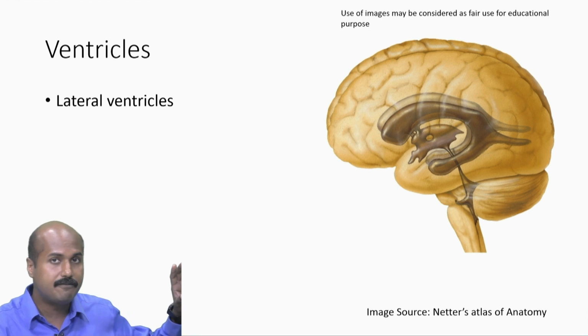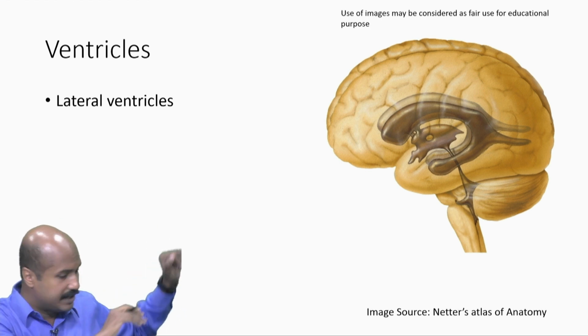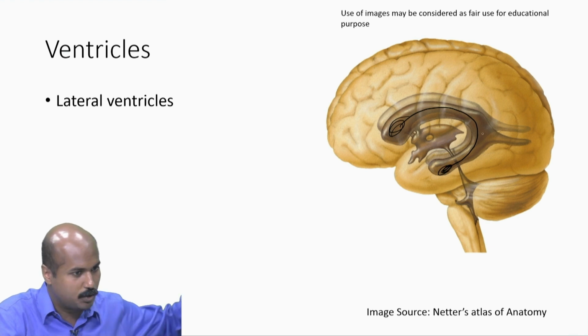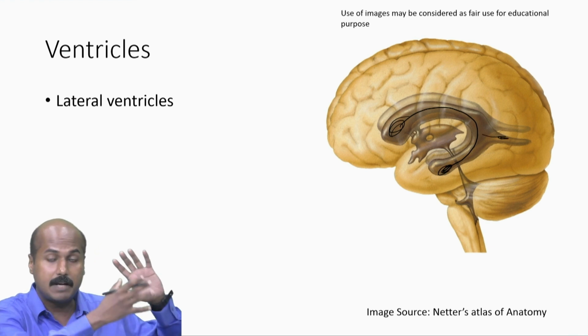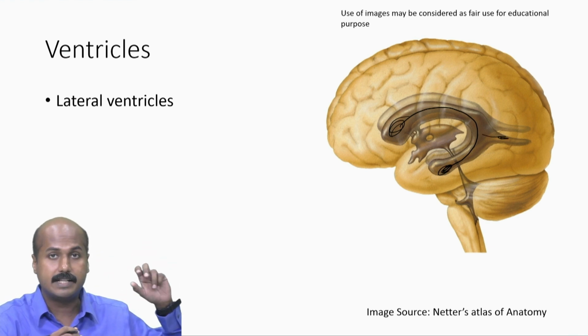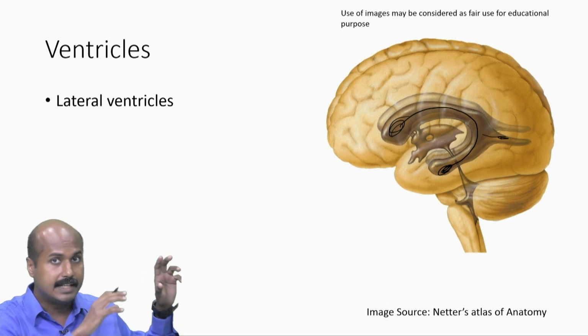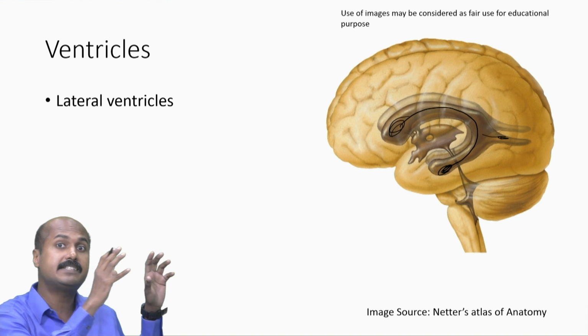First of all, you have two large lateral ventricles. You can see two large, C-shaped lateral ventricles that are present here, which have several projections. You can see a projection over here, a projection over here and a projection over there. Those C-shaped enormous ones are the largest of the ventricles and they are called lateral ventricles. As you know, the lateral ventricles are present in the cerebral hemispheres.